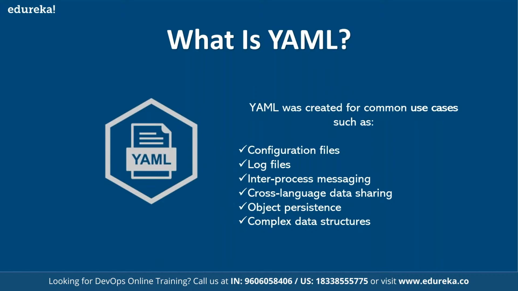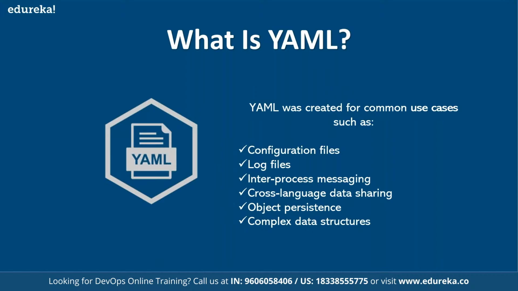Now, just to let you know, why do we use this YAML file? Let's say I have two systems. One is running on, let's say, Python Django, and another is running on a different architecture or a different scenario. Now, when communication happens between both systems, it should happen in such a way that it is language independent.